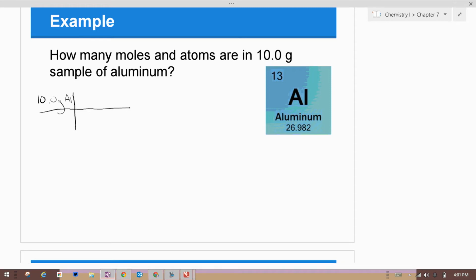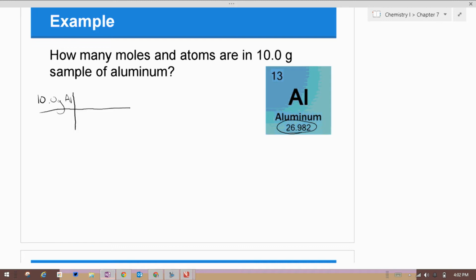So we have 10.0 grams of aluminum, and they want both moles and atoms. We know we can't go directly from grams to atoms. We know that from the previous problem, but we can go to moles very easily if we have the average atomic mass of that particular element, which is right here at the bottom of the element symbol box. So round that to 2 decimal places, so that would be 26.98.